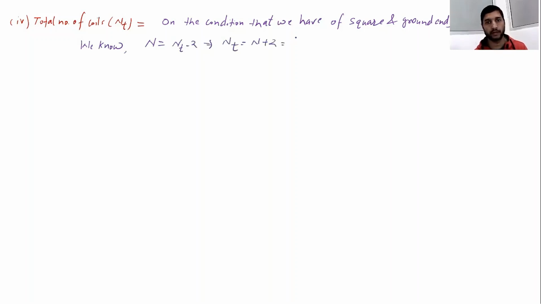So 5 coils were there, so 5 plus 2, 7 are total number of coils. So this is the answer.